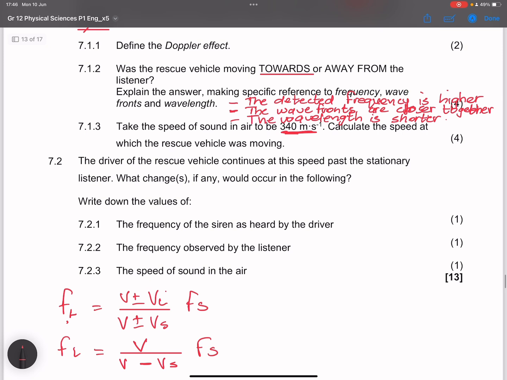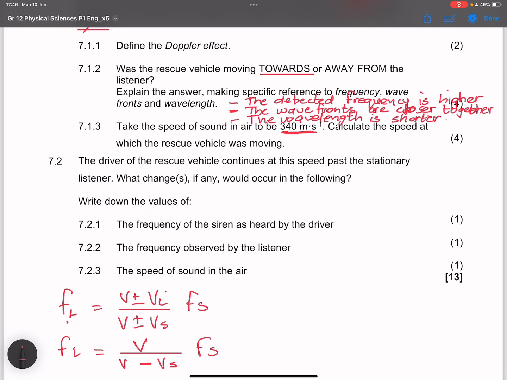So the next set of questions, they say the driver of the rescue vehicle continues at the same speed past the stationary listener. What changes, if any, would occur to the following?